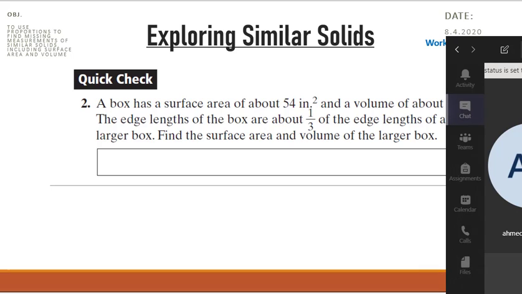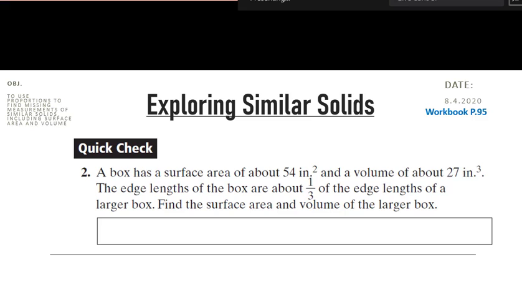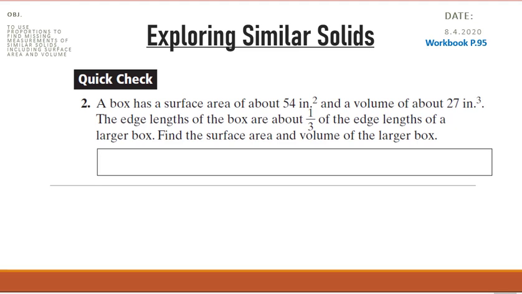Okay, Mujtaba, you can help me to find the surface area. Just wait. Okay, let's start first with Mujtaba. Okay, Mujtaba, use your mic.